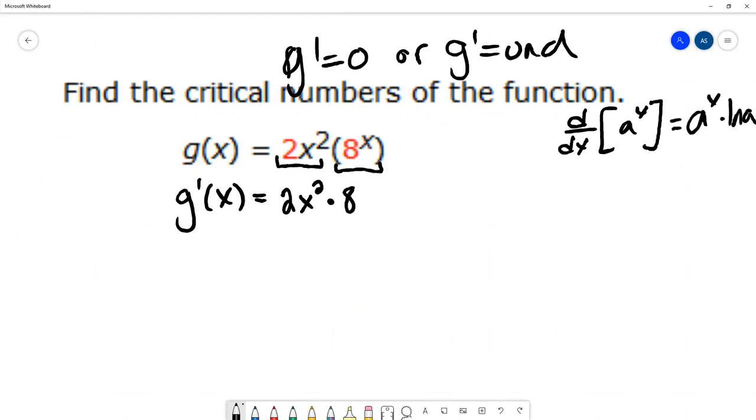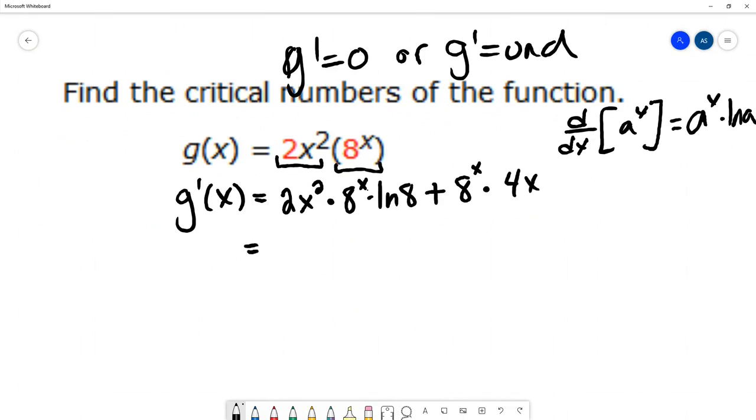So this is going to be 8 to the x times ln of 8. That's the first factor times the derivative of the second factor, plus the second factor, 8 to the x, times the derivative of the first. So that will be 4x.